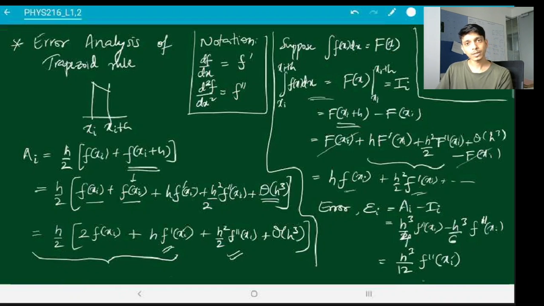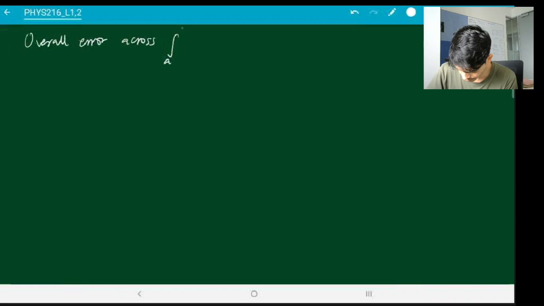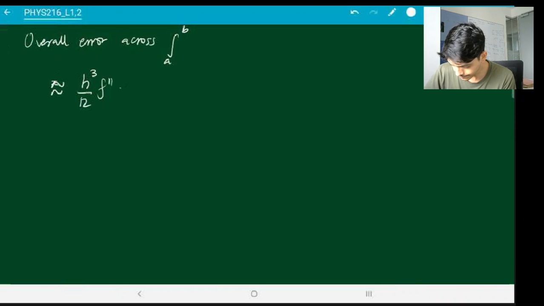It is proportional to h cube. So the overall error across the entire a to b integration, you can just hand wavingly, approximately, say is of the order of h cube by 12 times n, because there are n bins. So in each bin, if the error is of this order, then the total is something like this.